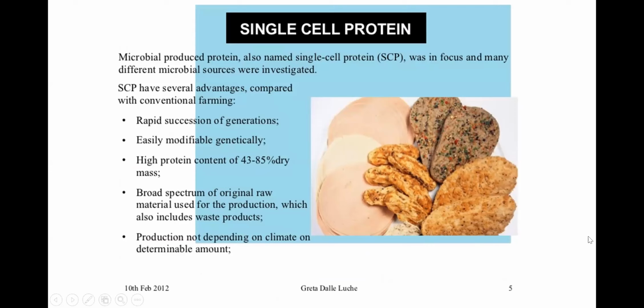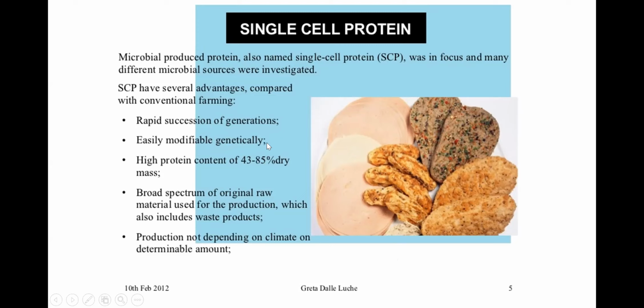If you are perhaps vegetarian or know anyone who is vegetarian, you can see this kind of meat-like product, which is produced from a kind of single-cell protein called mycoprotein. Yeah, this can be produced by fungi. They are high in protein content, even up to 85% by dry weight.